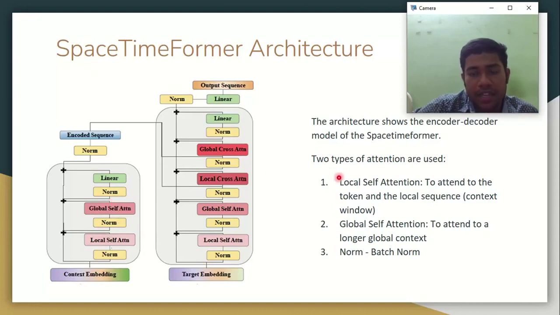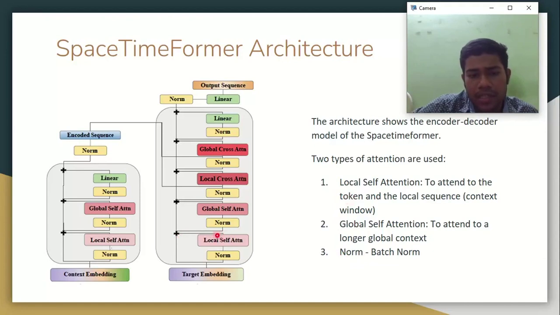Local self-attention is used to attend to the token and the local sequence, or the basic context window in which the token is present. Whereas global self-attention attends to a longer global context which has already been seen by the transformer in the past. So global self-attention can mostly help in handling the seasonality of the time series data, whereas local can be mostly for the noise or the trend part of it.